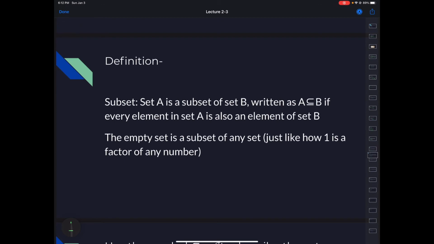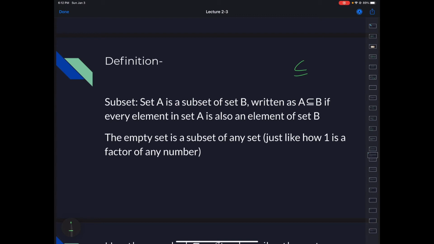Now we have another definition, a subset. We're almost there. Set A is a subset of set B, written as A ⊆ B. So this is a new symbol for us. We'll be using these symbols a lot over the next few weeks, so don't get overloaded with them. You'll see them often enough to memorize them.